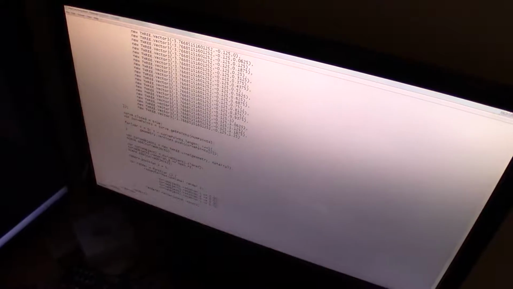And this is the code for it. Not an octopus, so there we go. Heptapod or whatever.